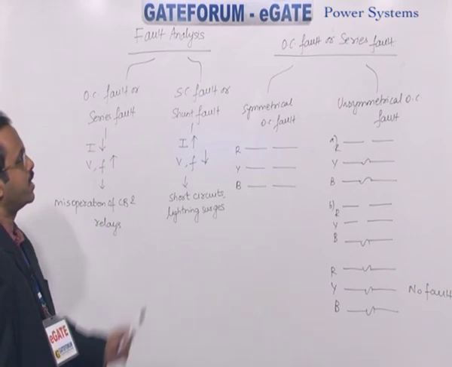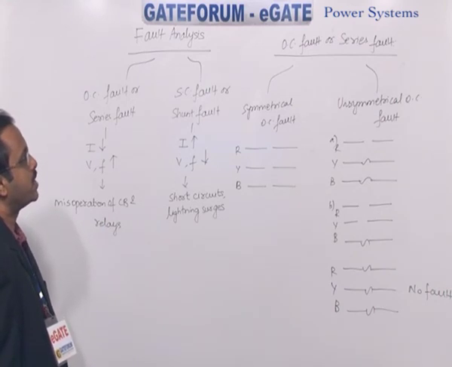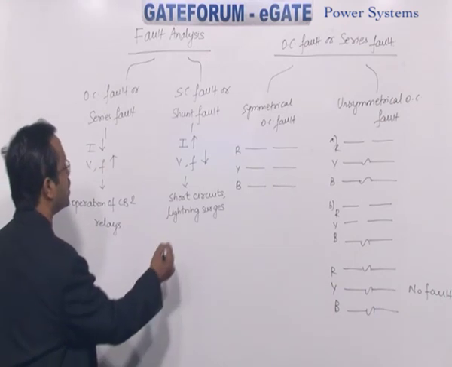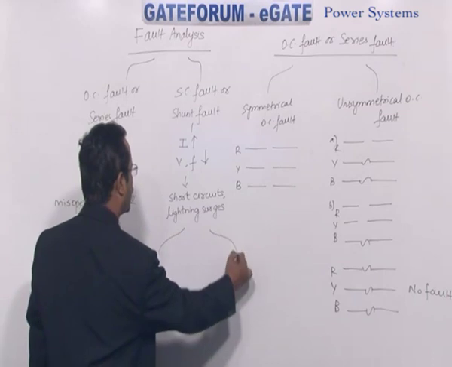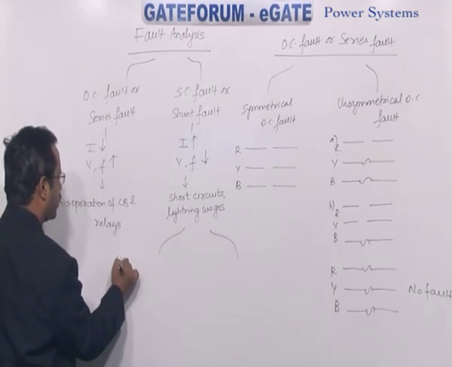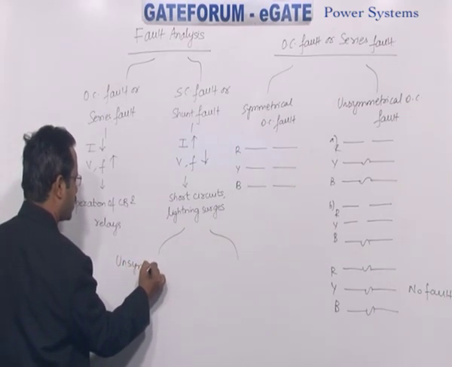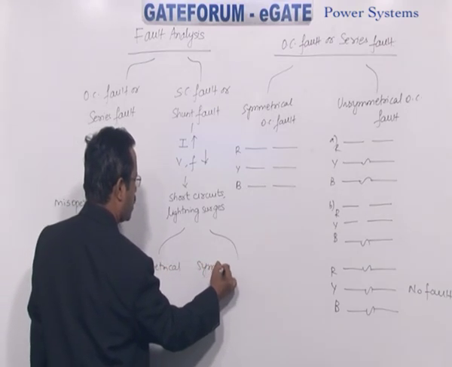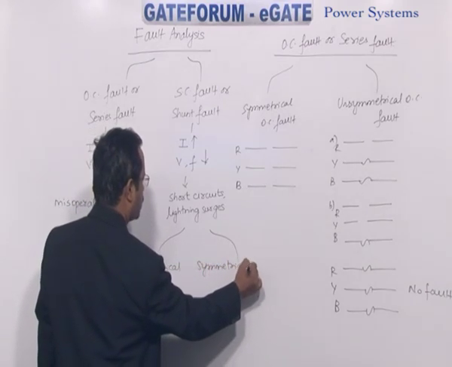So this is the classification of open circuit faults or series fault. Then how are the short circuit faults or shunt faults characterized? Again we have two types: unsymmetrical shunt fault, and the other one is the symmetrical shunt fault.